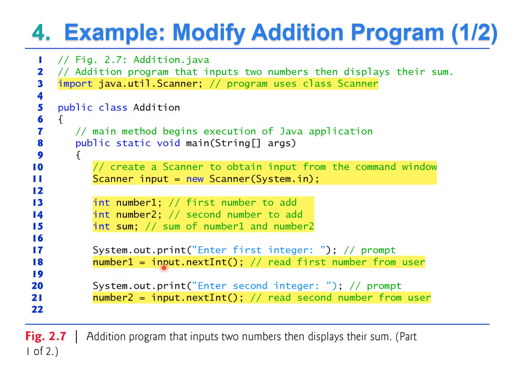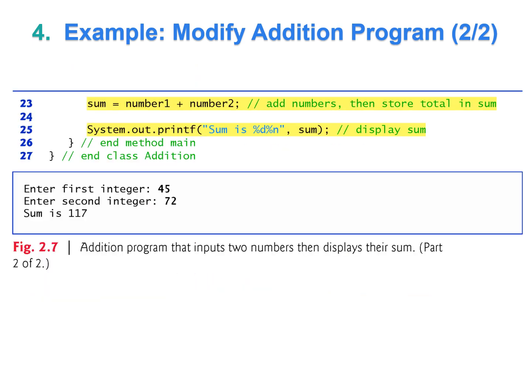Then line 18 and line 21 here are the code that will read the numbers from the user. I will explain these lines later.